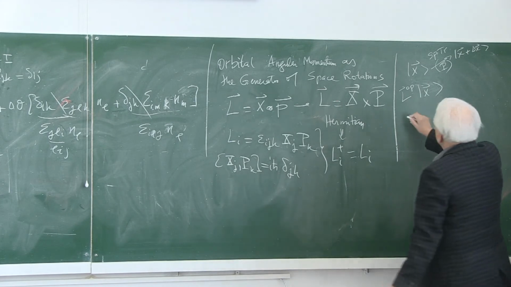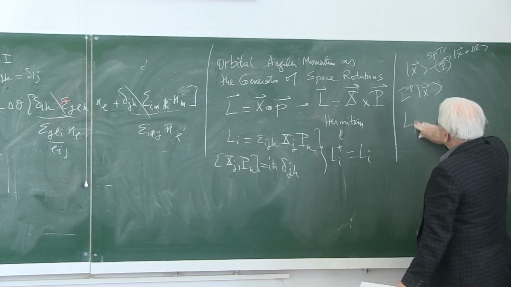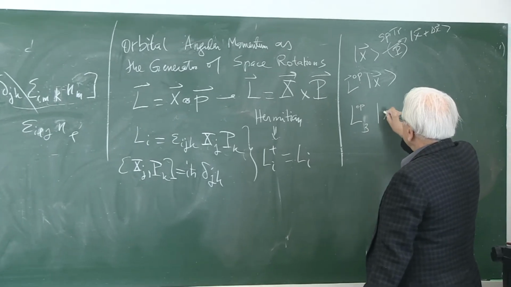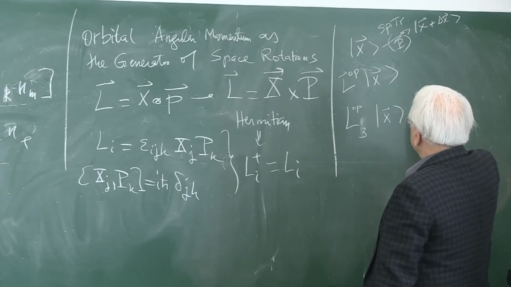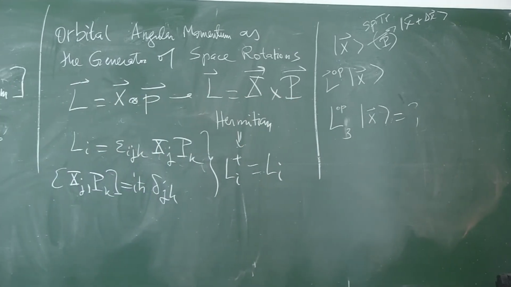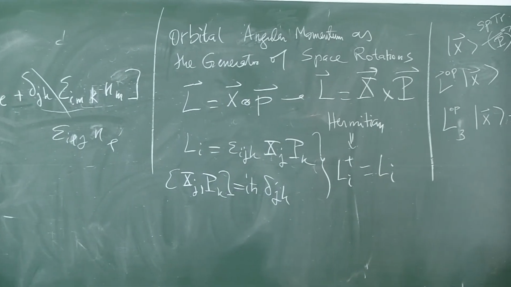So what is LZ, or L3? Let me use the numbering notation. Let's put the operator on X. How does it affect it? Okay, let me move to this side and do it here.